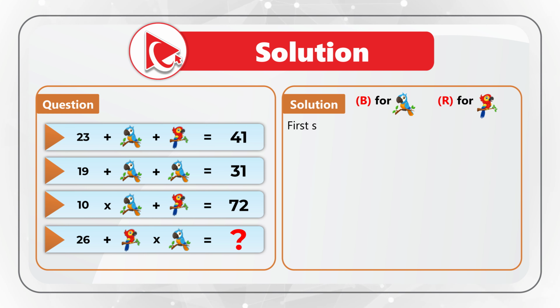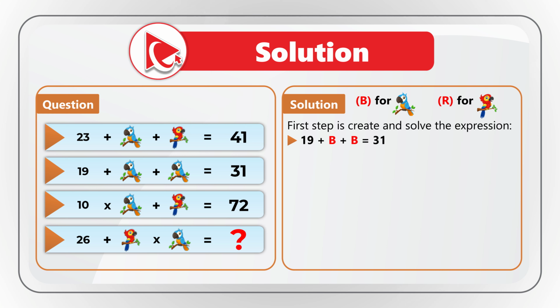So the first step here is to create and solve an expression. And the easiest one to solve is the second expression with 2 blue parrots. 19 plus B equals 31, which means that B equals 31 minus 19, which equals 12.